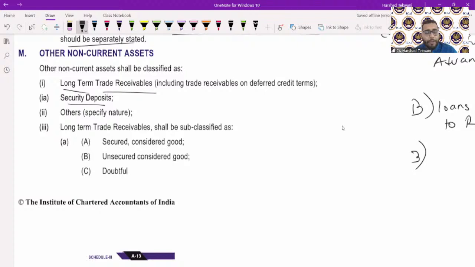Then security deposits. Again, when I say other non-current assets, they are usually of non-current nature. So security deposits of non-current nature. Others, if you need to specify. Now, when I say long-term trade receivable, you need to again specify whether it's secured considered good, unsecured considered good, or doubtful.